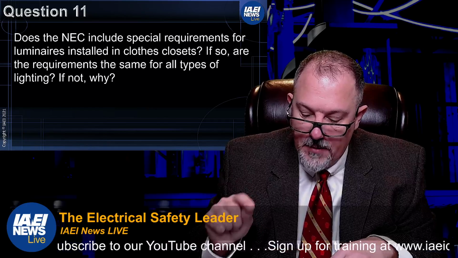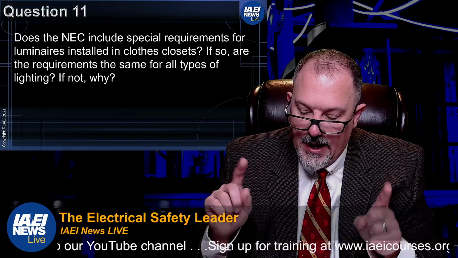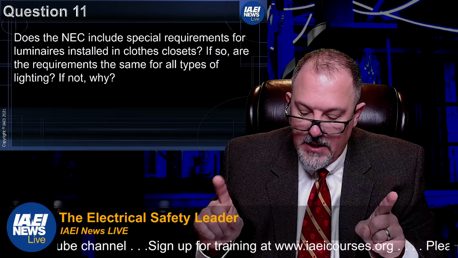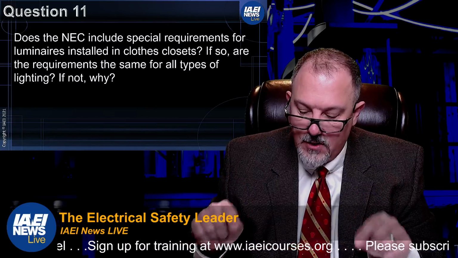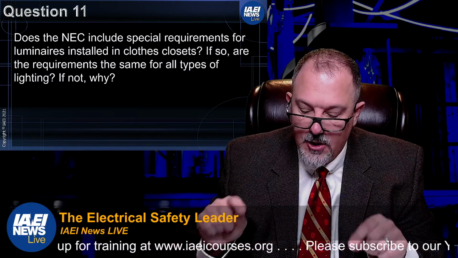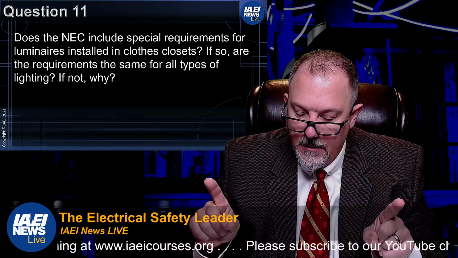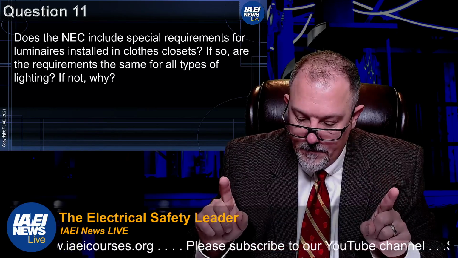For a closet that permits access to both sides of a hanging rod, this space includes the volume below the highest rod extending 12 inches on either side of the rod on a plane horizontal to the floor.